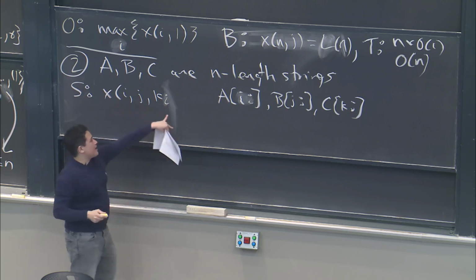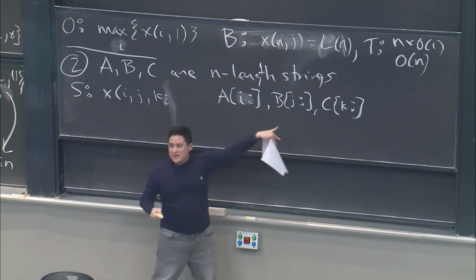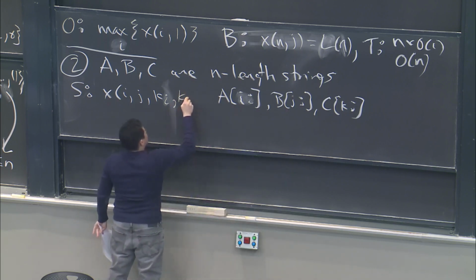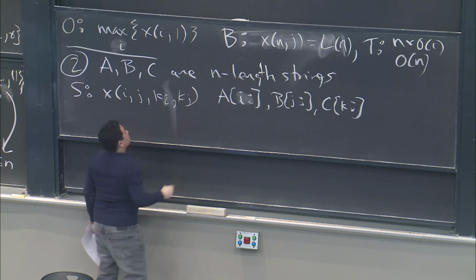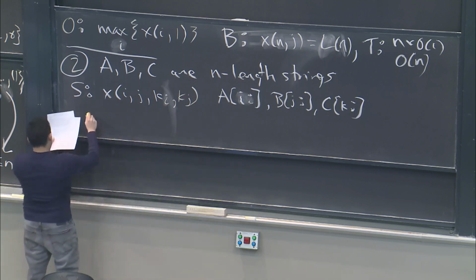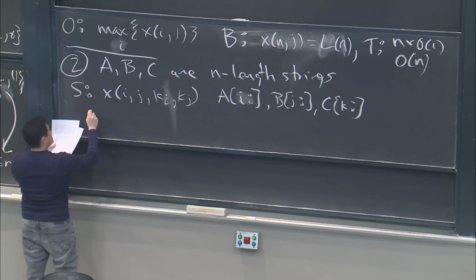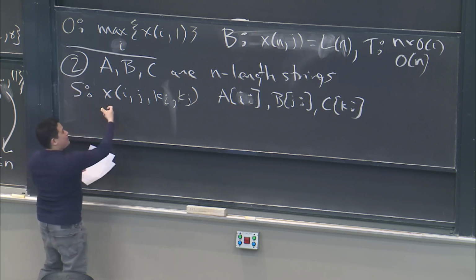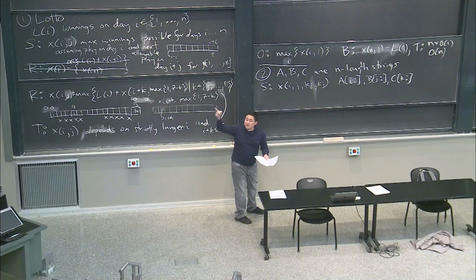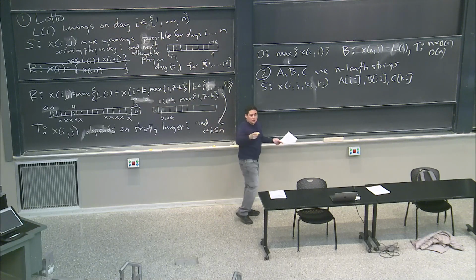I is associated with A, and B is associated with J. And K_j. Okay, I have to write this down. So what kind of output do I want for my subproblem? I just want to know whether these things can be matched or not. So this is going to be a Boolean, right?